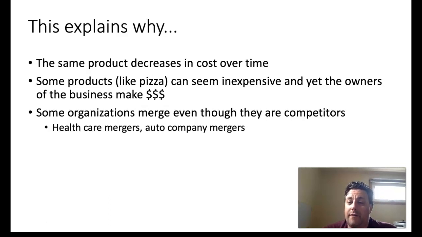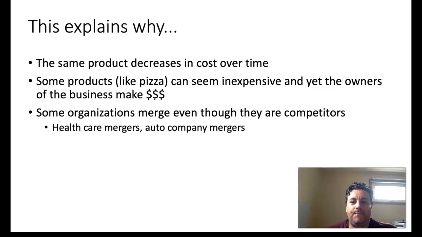They do it because the cost to produce such a product for them is so inexpensive, because they're buying flour in bulk, they're buying the ingredients for tomato sauce in bulk, they're buying pepperoni and cheese and whatever else you want to put on pizza in bulk, and they can spread those costs out over 50 or 100 or 150 or 250 pizzas that they're going to sell in a week or a day, or whatever it is.